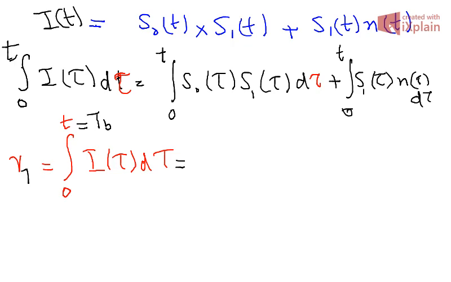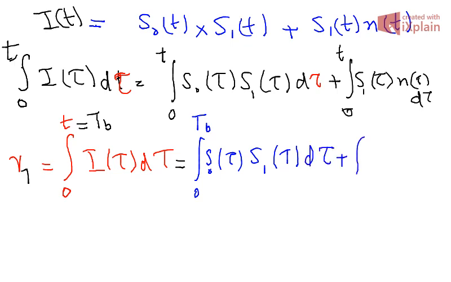So when you say t equal to tb, you can rewrite your right hand side, put integral 0 to Tb, S naught of tau, S1 of tau, d tau plus integral 0 to Tb, S1 of tau, n of tau, d tau.